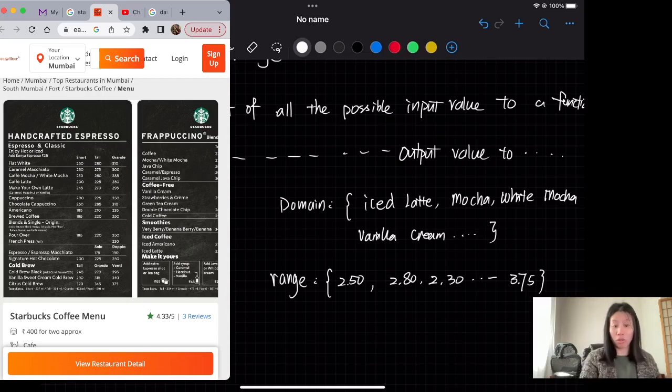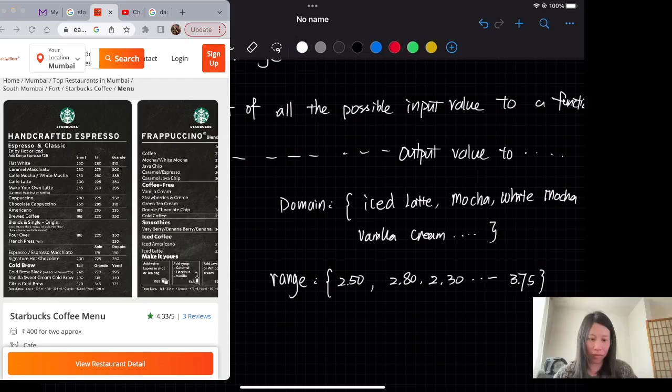So these are the range. Something such as $10 is not in the range of the price tag. So that means 10 is not in the range of the Starbucks function.